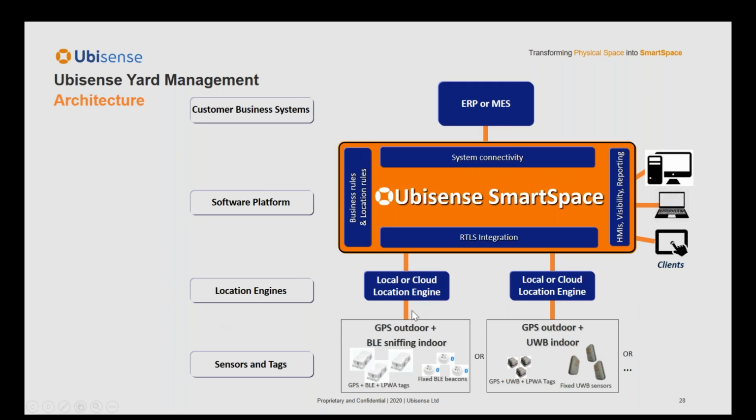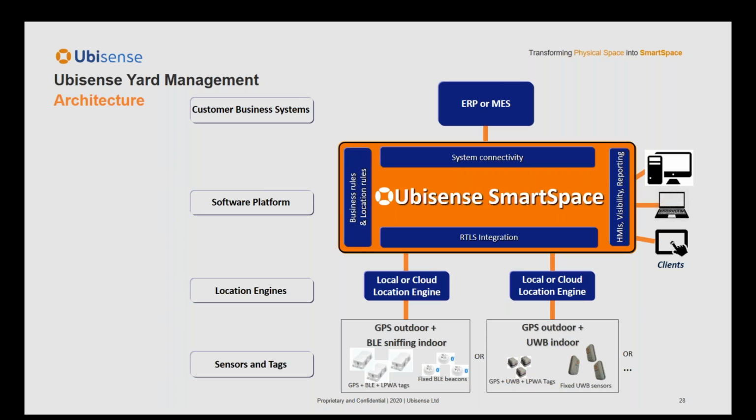Then there is a second layer, which is the location engine, to compute and calculate the X, Y, Z coordinates of that product, of that tag. That can be local or on cloud, depending on the customer requirement. And then the most important part is the Ubisense Smart Space platform, the location intelligence platform.